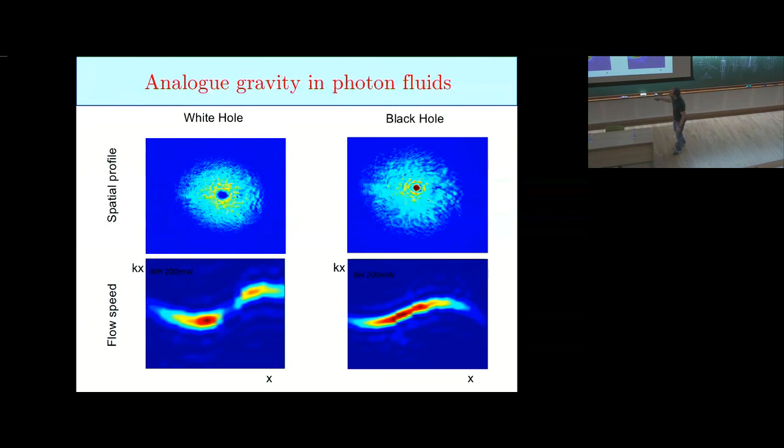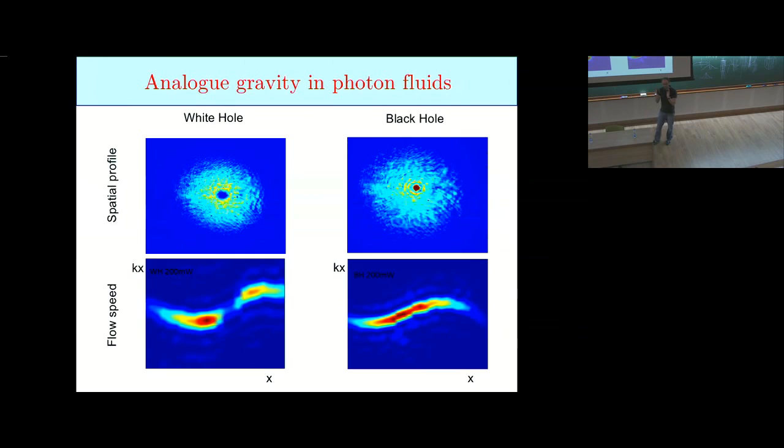And then you can go and measure the flow speed. Remember, the flow speed is just the gradient of a phase, but what's the spatial gradient of a phase? It's the k vector, okay? Kz minus omega t. Take the spatial gradient and you get k. So I can easily measure in optics the k content just by going into what is called the Fourier plane of the lens.